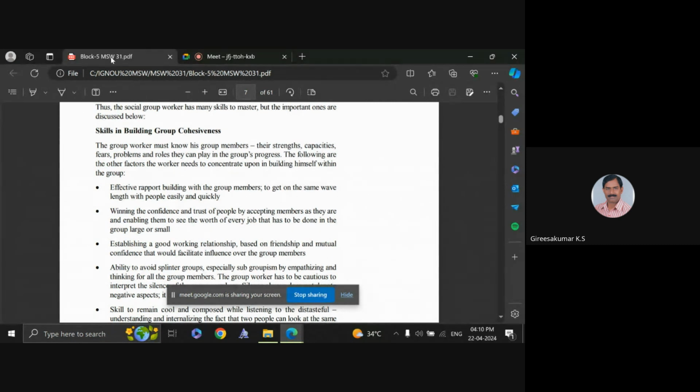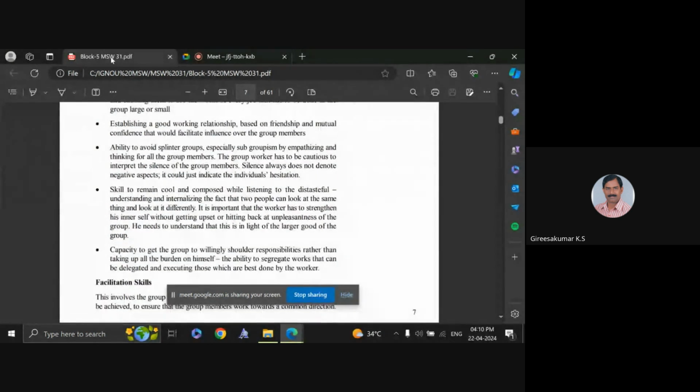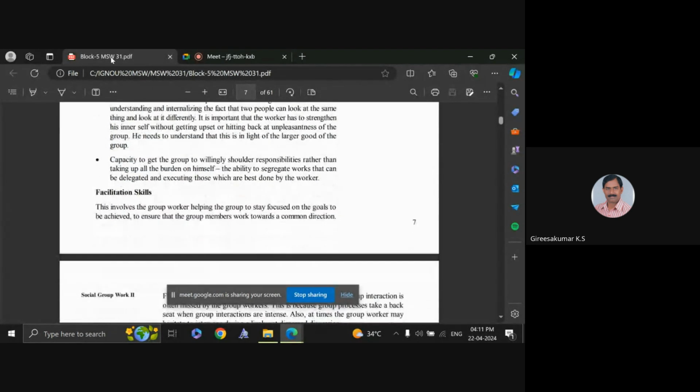Then there must be a good working relationship also. Also, he must be very cool in solving situations and have the capacity to get the group to willingly shoulder responsibilities rather than taking up the burden on himself. That is, he must equip the groups to take the responsibility also.